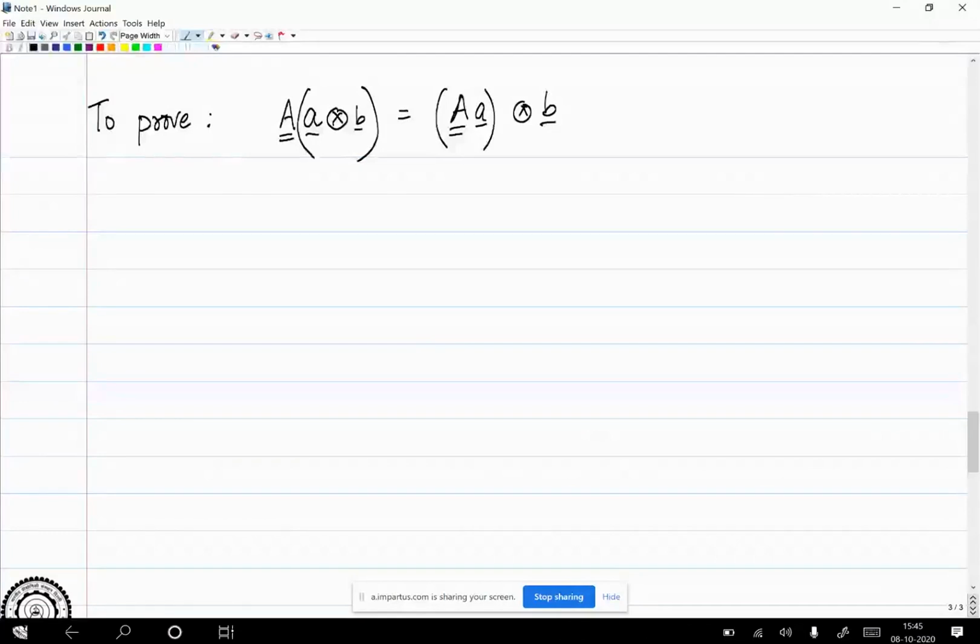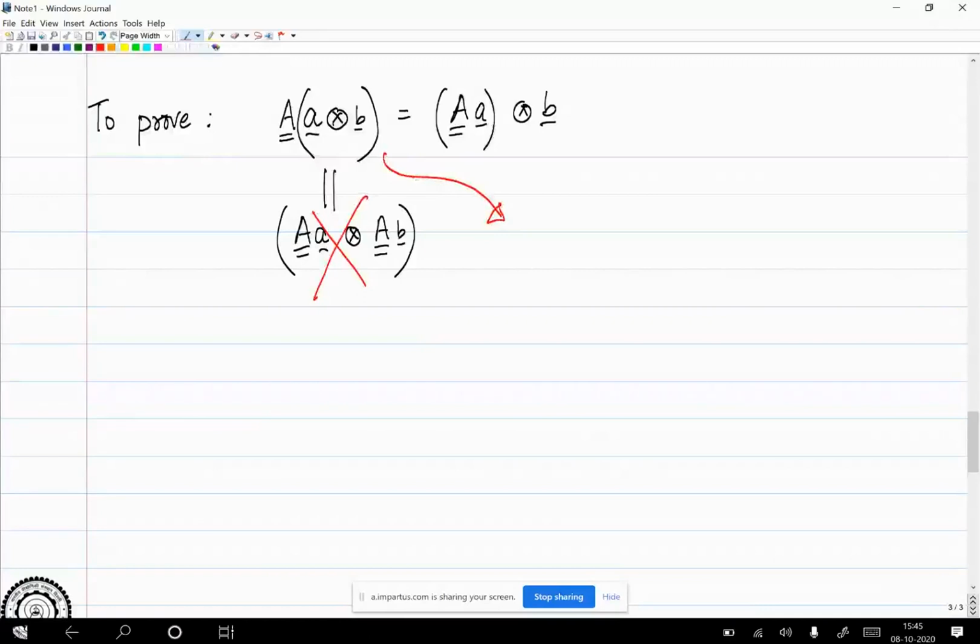What do you think? Can we prove this? So you see, it's not like A gets multiplied with both of them. So this is not true. Don't make this mistake. So this is not correct. But yeah, we can prove the correct version, and let us see the proof.